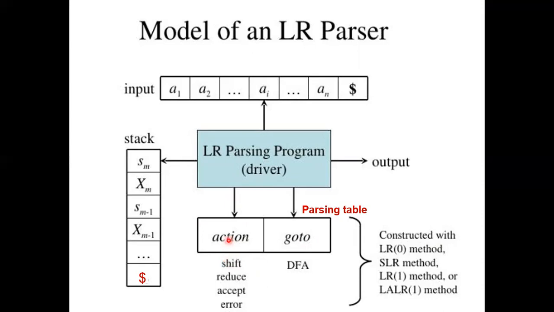The first one is action, and the second one is goto. In action we have all the shift reduce operations, that is shift, reduce, accept, and error. So in the action function we have the four operations that are done in the shift reduce parser.